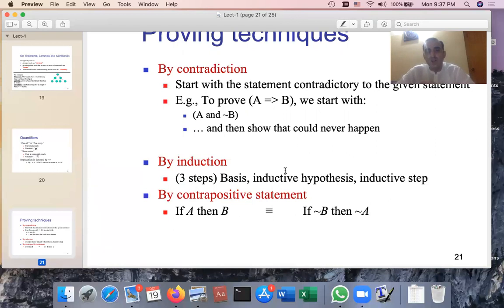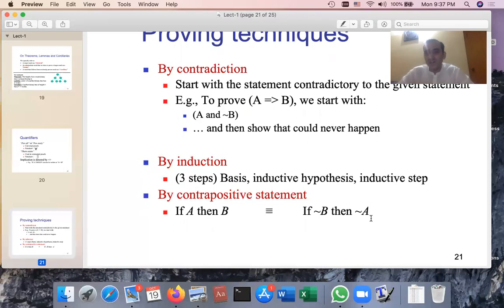And finally there is proof by contrapositive statement, which is partially similar to contradiction. For example, if you have to prove if A then B, then you don't have to start with that one. You have to start like this: if negation B, then negation A. So you are again going in the opposite direction, but in this way.